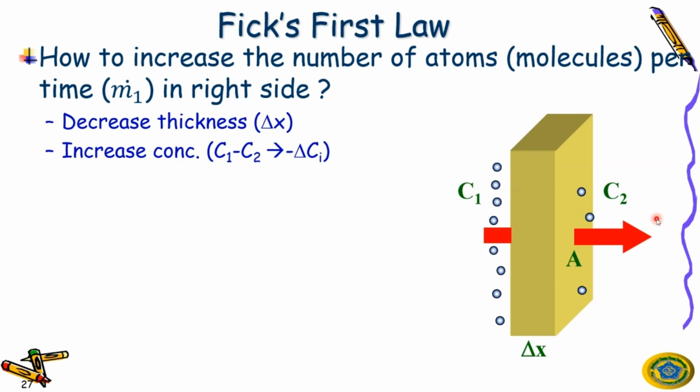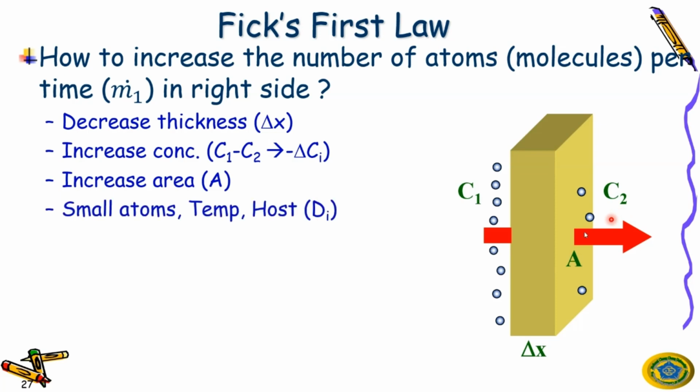So increase the concentration. Second one, a third one, if you want to increase the area, that means you will increase the number of atoms on the right-hand side, right? Okay, how about other factors? Decreasing the size of the atoms will work, right?